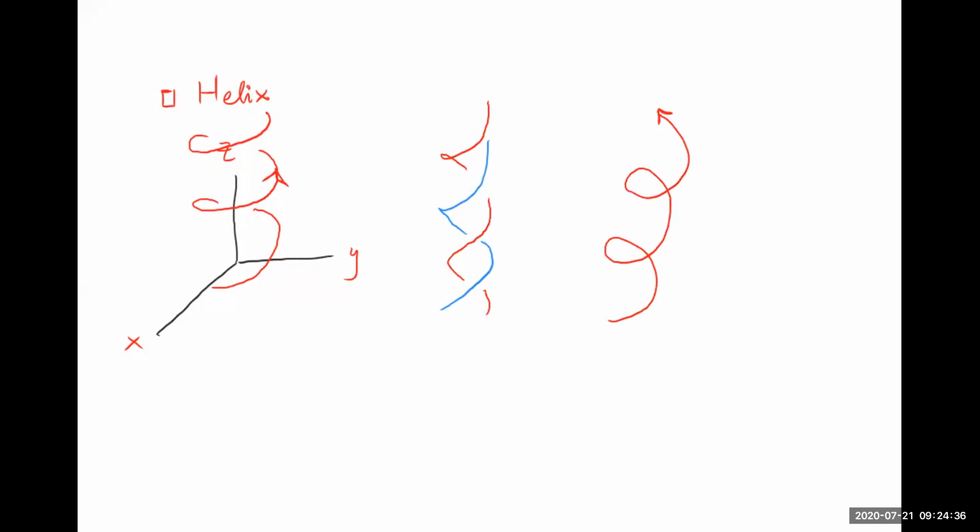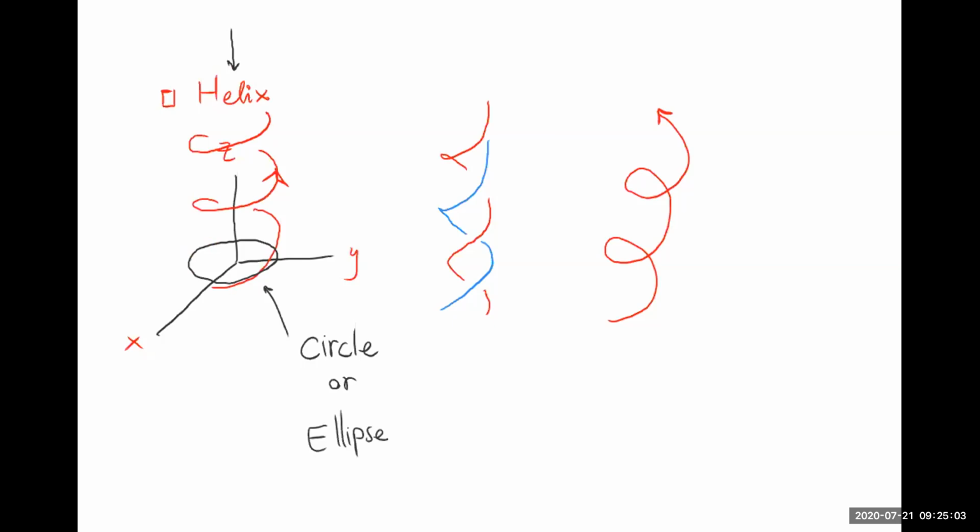What is the equation of this helix? The thing is that if you look from above, if there was a source of light here, the shadow of the helix on the XY plane would have been either a circle, or more generally, an ellipse.